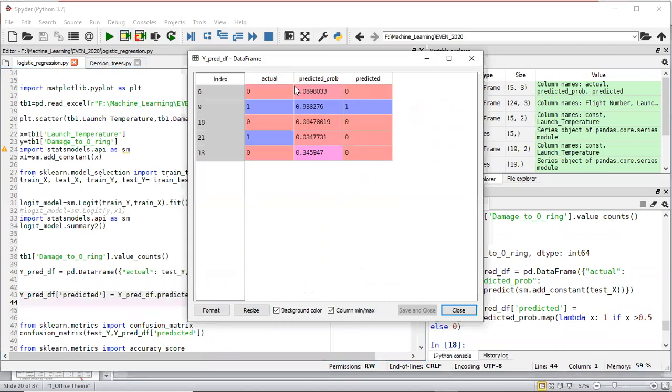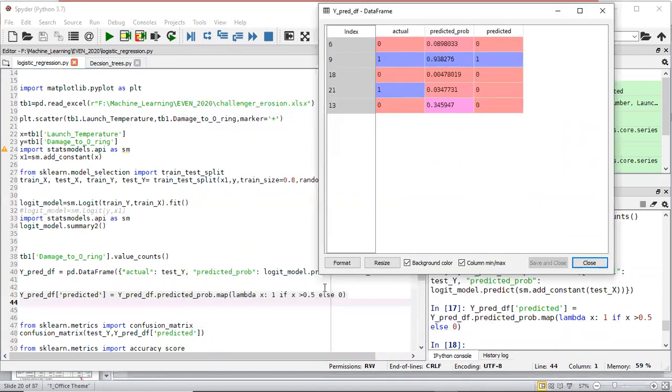It has compared with the 0.5 value. I have only one data point, 0.93, which is greater than 0.5, so it has predicted it as 1. All the others have become 0.